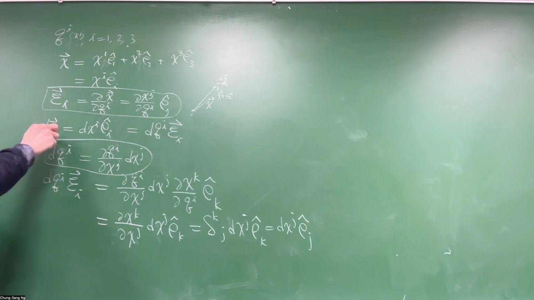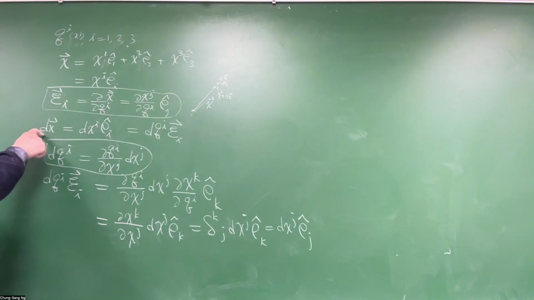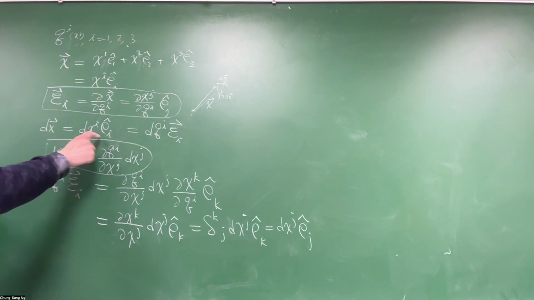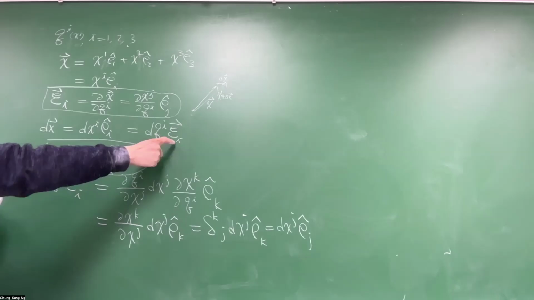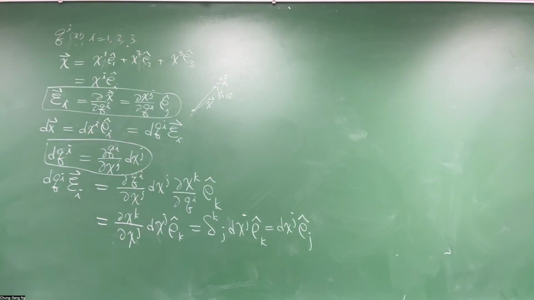So a small change in a position vector can be expressed in the Cartesian coordinates, and also in the new generalized coordinate system, this way.